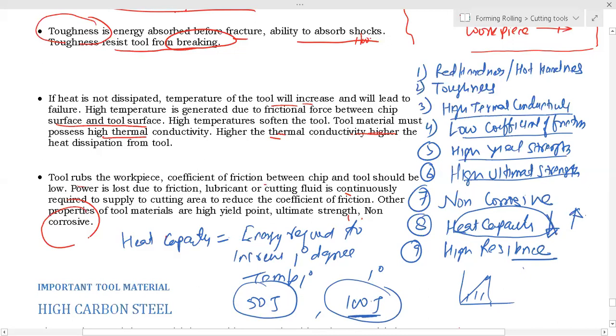So heat capacity must be low or high. Tell me, low or high? Heat bearing capacity. Tell me what is the answer.